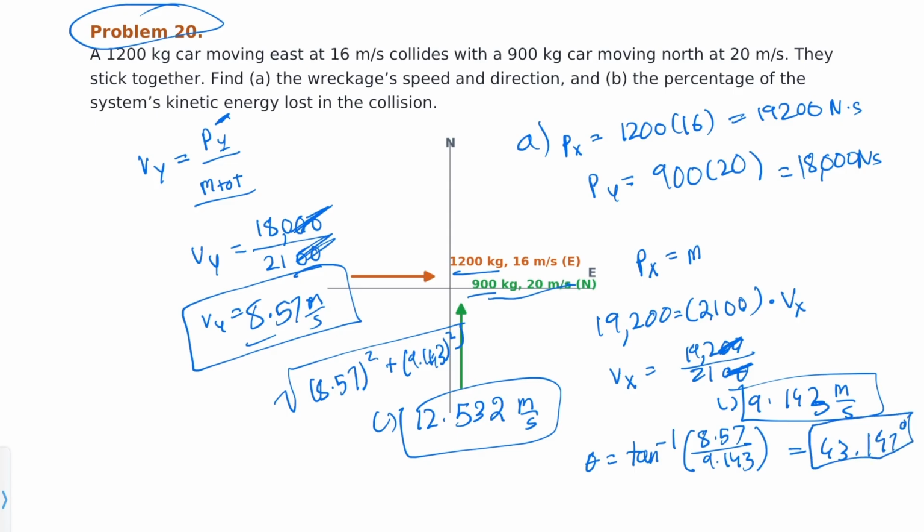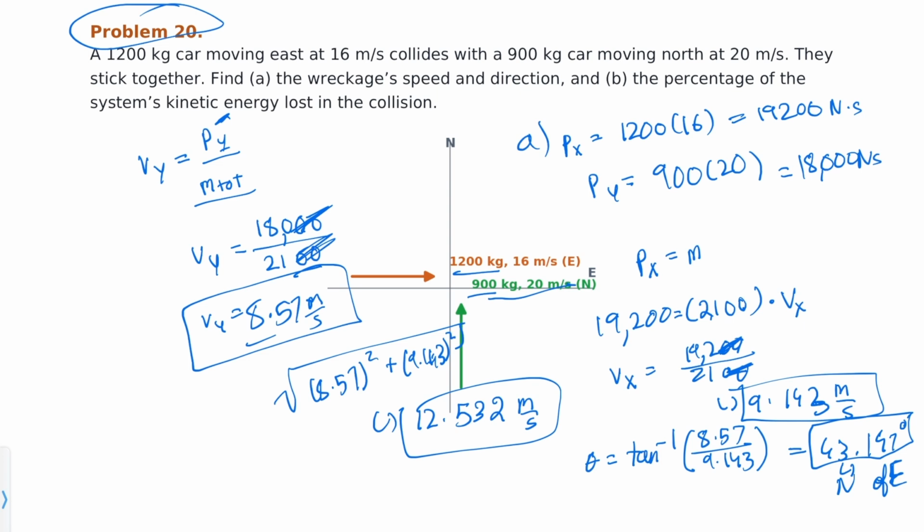Since they're both going north and east, I know you're getting tired of this probably, but still north of east. Okay. Although do remember the arctangent is a bit dangerous in that it gives you only one answer even if both of your components were pointing in a different direction. But that's only part A of the question.